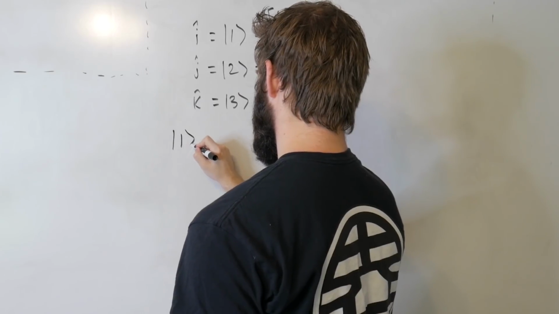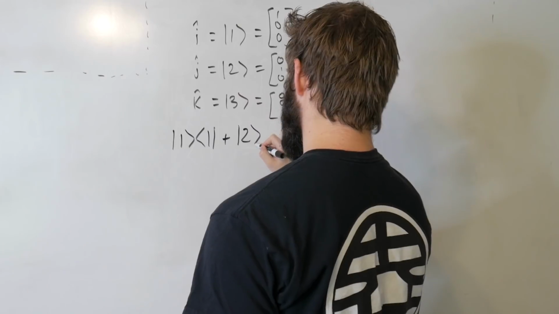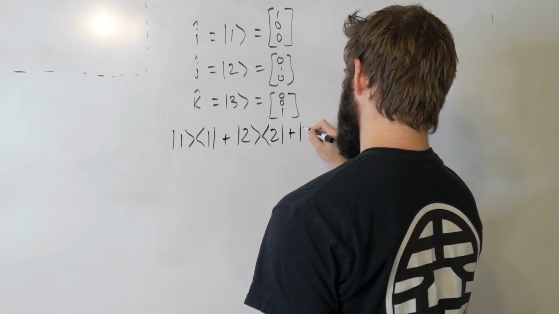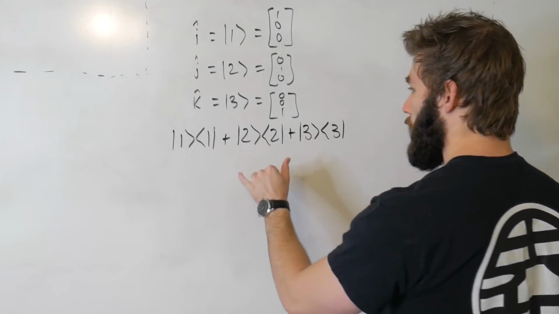let's say |1⟩⟨1| plus |2⟩⟨2| plus |3⟩⟨3|. Well, we can find out what this is.